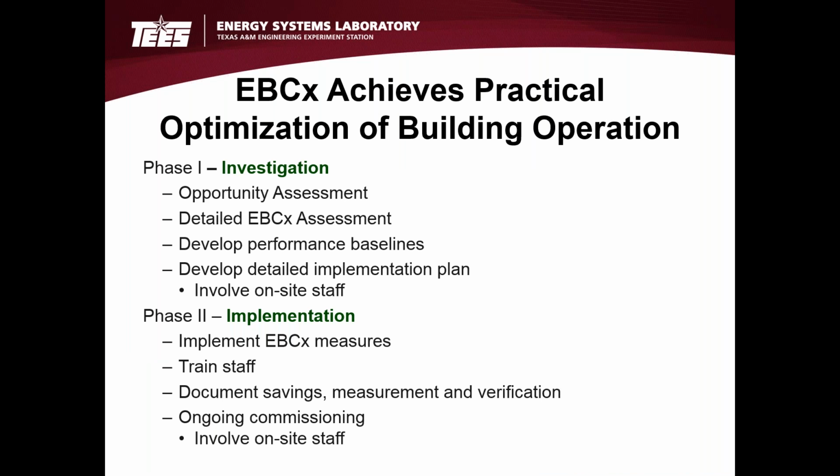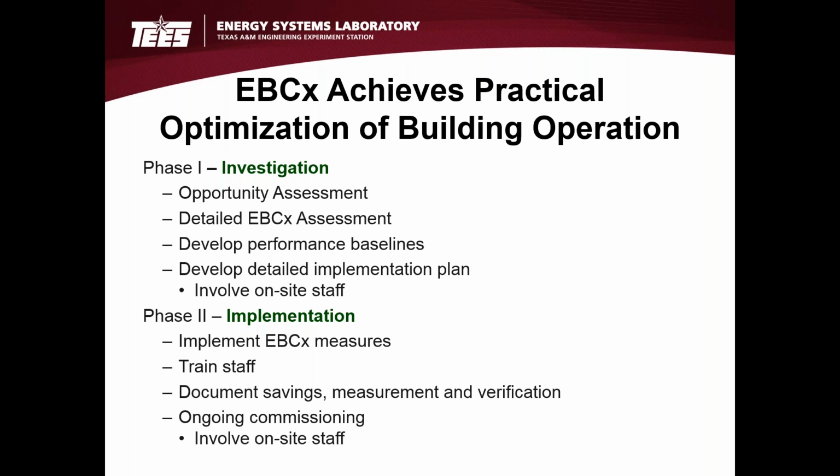If I look at the different facets or phases of the existing building commissioning process, we have two major phases, one of which is to conduct investigation at multiple levels and then to actually implement measures that have been identified during the investigation phase.